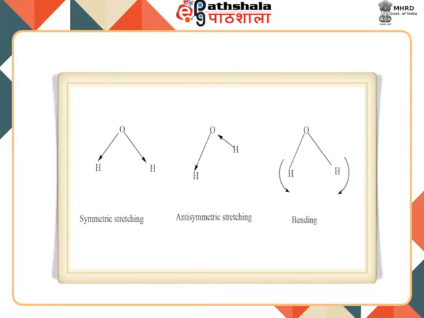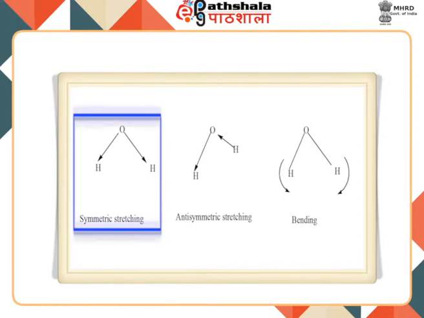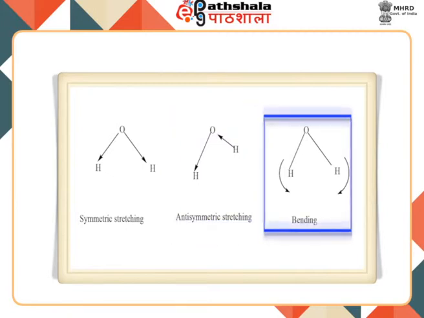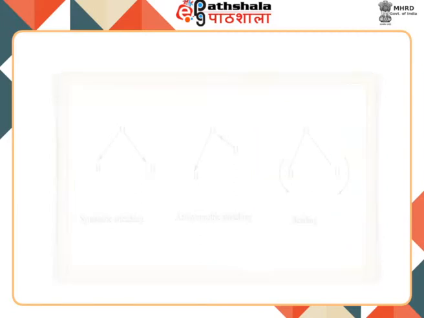The first is symmetric stretching, in which both the bonds are stretching simultaneously. The second is antisymmetric stretching, in which one bond is stretching and the other bond is compressing. And the third is the bending mode of vibration, in which the angle between HOH changes during bending.